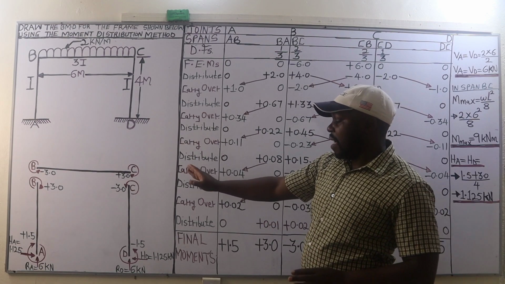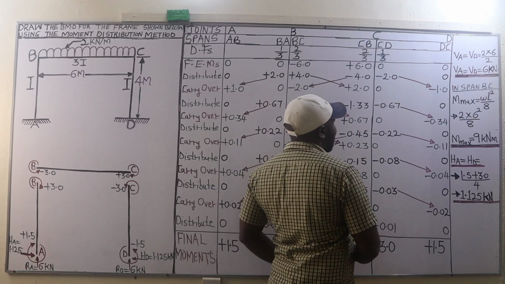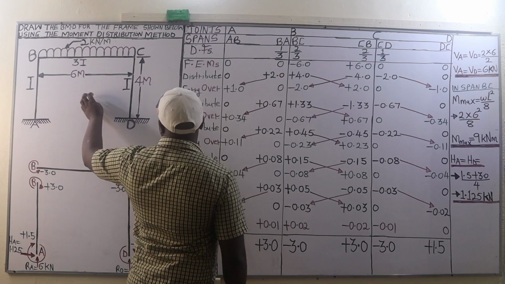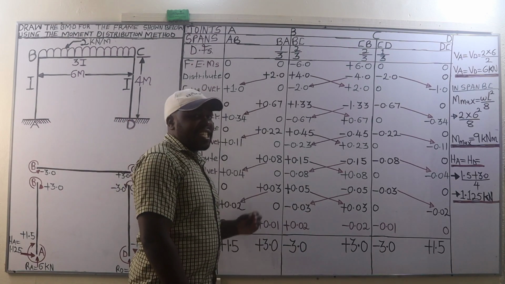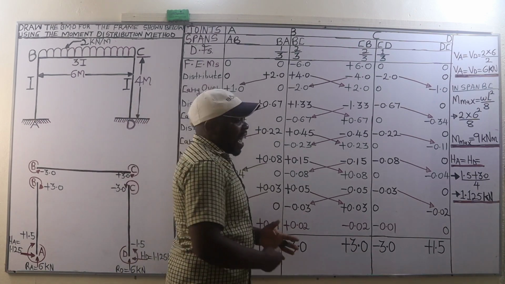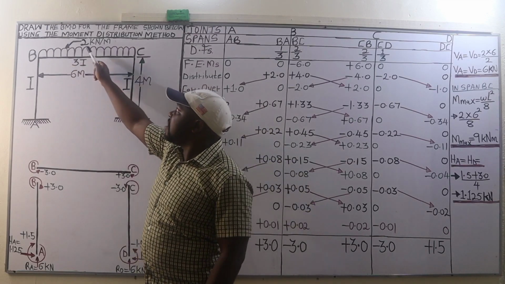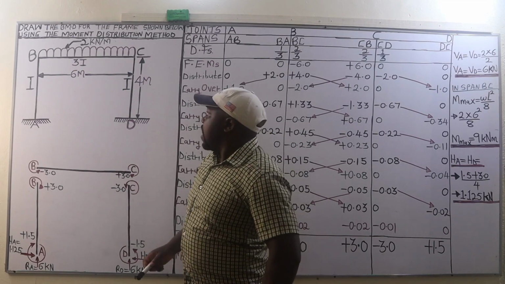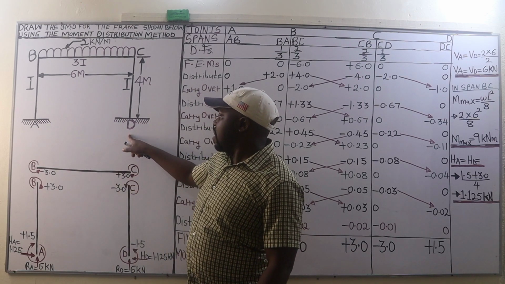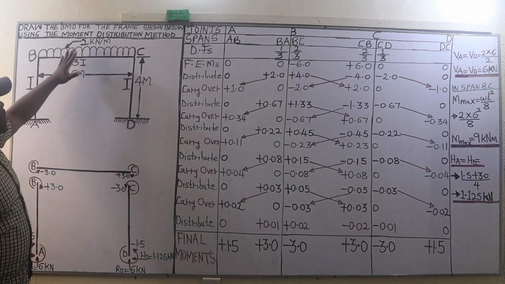Now, before I explain what we got here, we have to calculate the vertical reactions. And as I said earlier, since this portal frame is symmetrical and it is symmetrically loaded, the columns AB and DC will carry equivalent loads. So that means that they will share this uniformly distributed load equally. Now, for us to get the amount of load that each of these columns are going to carry, we are going to convert this UDL to point load.